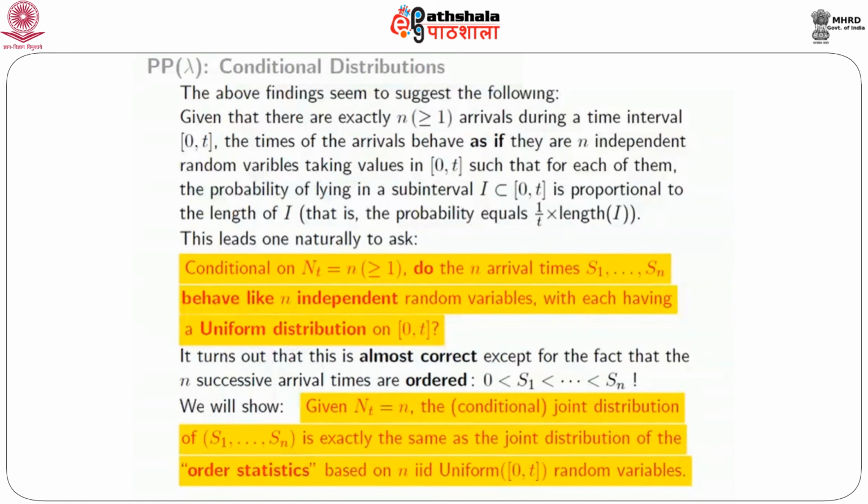However, it's the same as the joint distribution of the order statistics based on n IID uniform (0,t) random variables. So roughly, you have n independent uniform (0,t) random variables, but then you order them. Whatever you get represents the n arrival times S1, S2, ..., Sn.